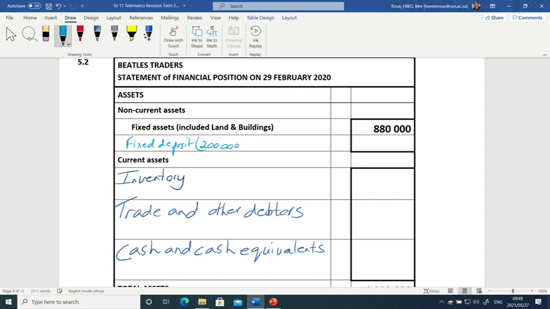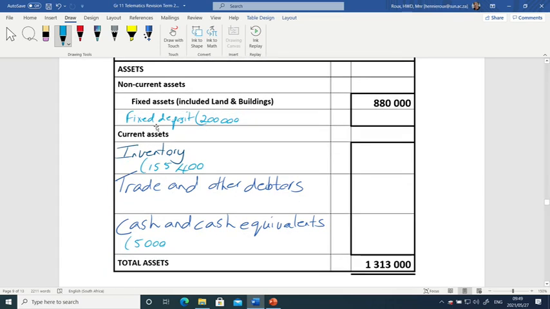The same as the statement of comprehensive income, we copy from the question paper onto the answer sheet. Inventory was given as 155,400. Trade and other debtors, the note was asked, and cash and cash equivalents, there was a 5,000 cash float. And then you get the total assets.